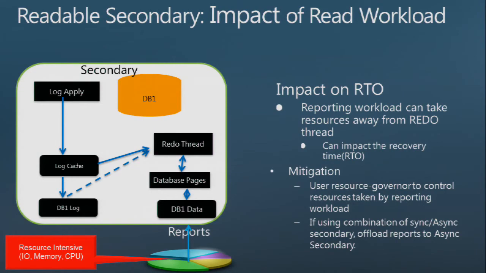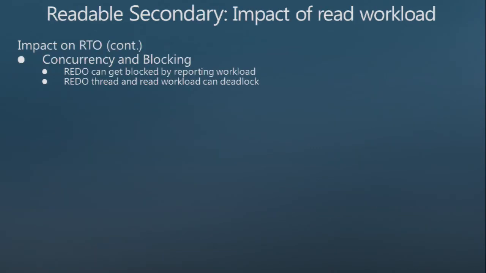Now, obviously, this needs 3 nodes, a bit more expensive. So those are the choices you have. That is one aspect of running a reporting workload and its impact on high availability, namely in terms of RTO. Now let us look at a different aspect.